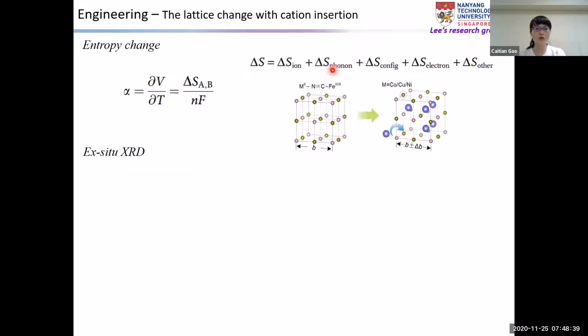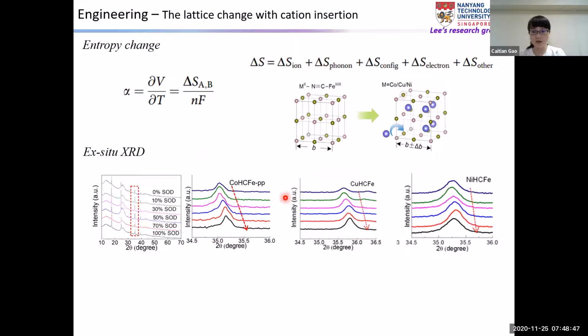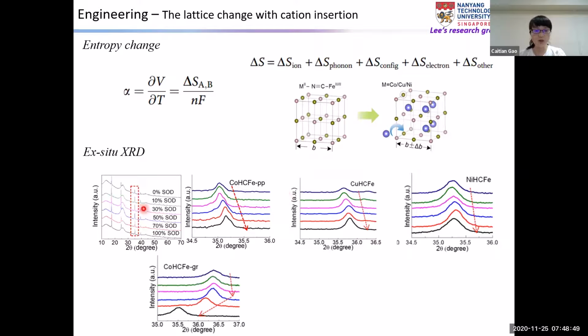So we try to use XRD to study the electrochemical process. And from the analysis, we can see all these three materials have a negative alpha, and during the cation intercalation, these materials all have a lattice shrinkage tendency, and the shrinkage ratios are different.